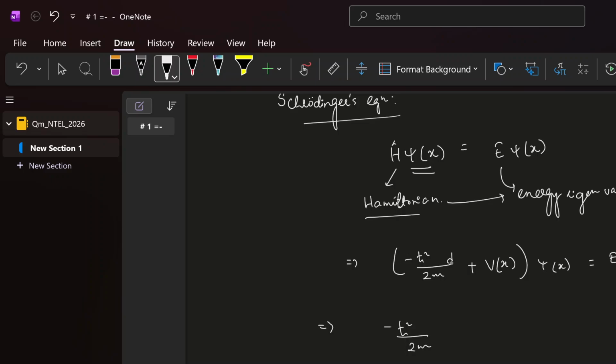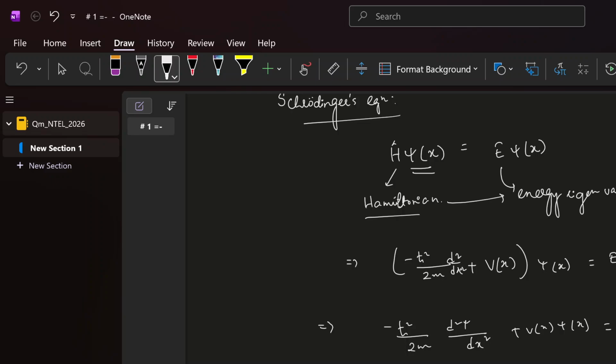I forgot to add the d2/dx2 here. This operator has a double derivative with respect to x, so d2/dx2 will operate on psi(x) and give you d2 psi/dx2, plus V(x) psi(x). Now, if you remember the problem that is given to you, they have clearly mentioned that your energy eigenvalue is 0, right?